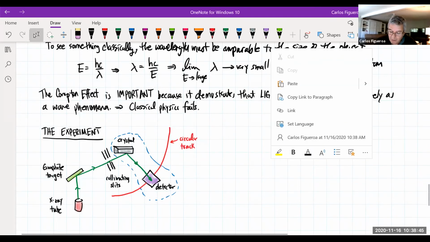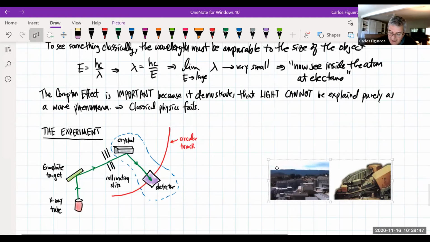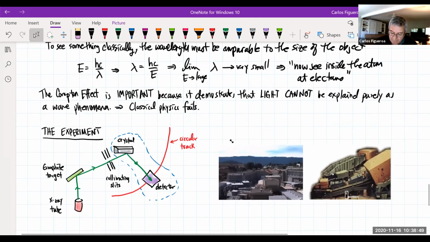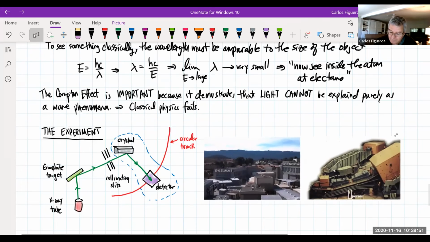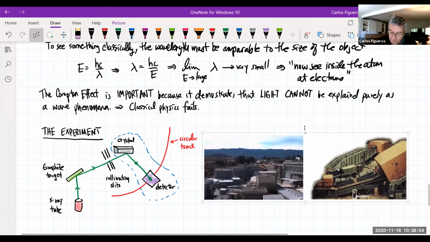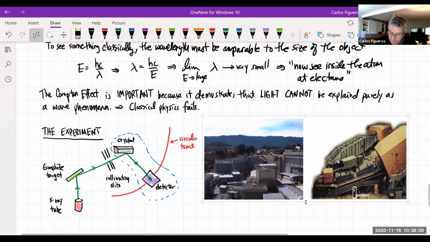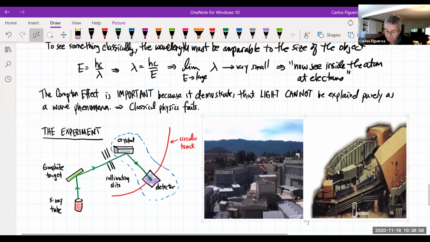So if you were to look at this, this is not the same kind of thing here. I'm going to really distort this thing.